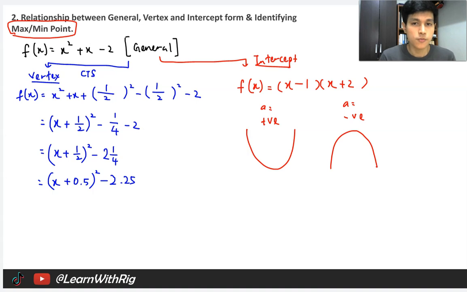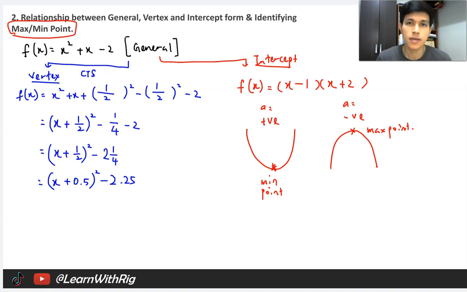Now, if you have a U-shaped graph, the lowest point here is what we call the minimum point. Okay, and if you have a negative graph, the topmost point here is what we call the maximum point.